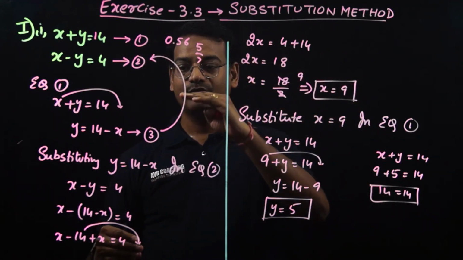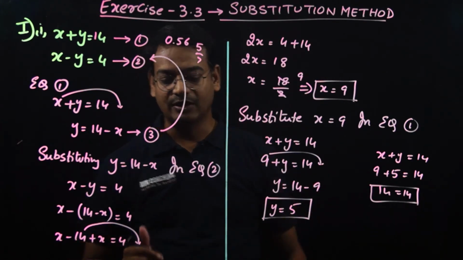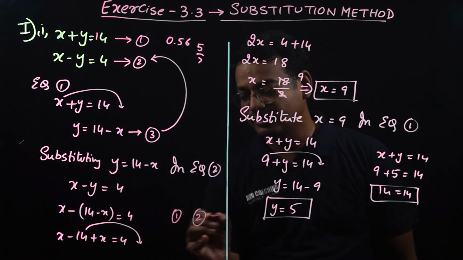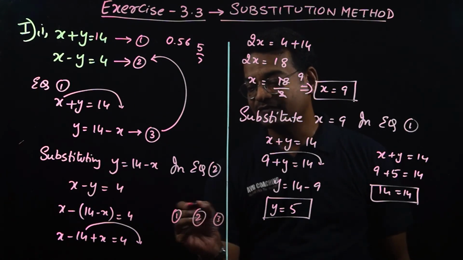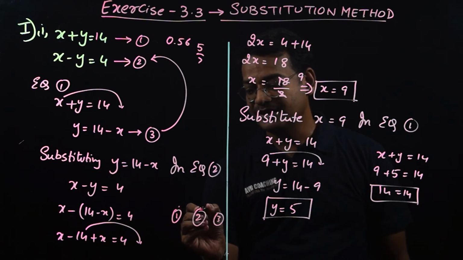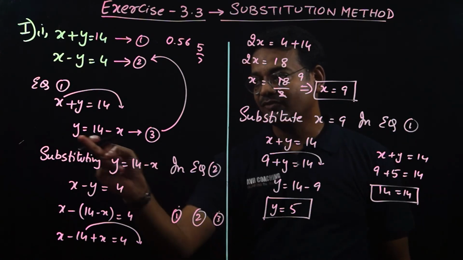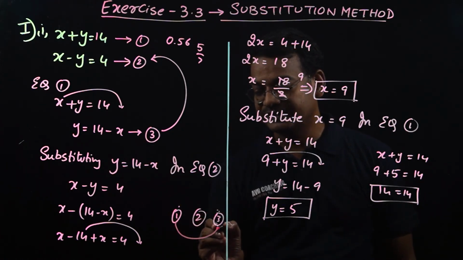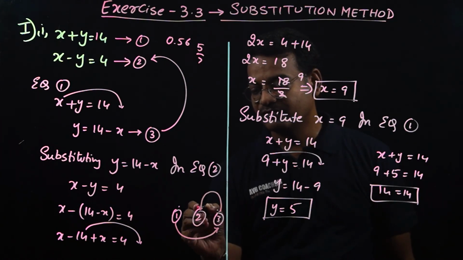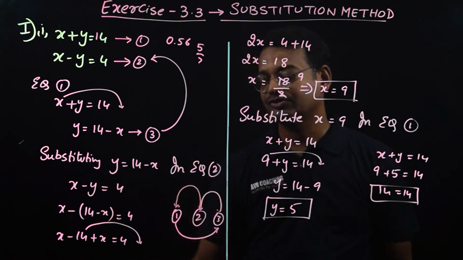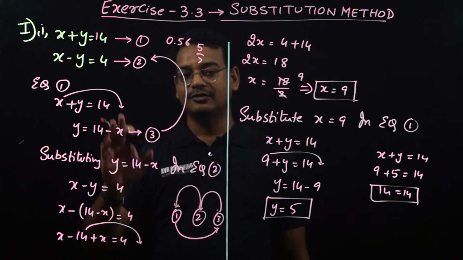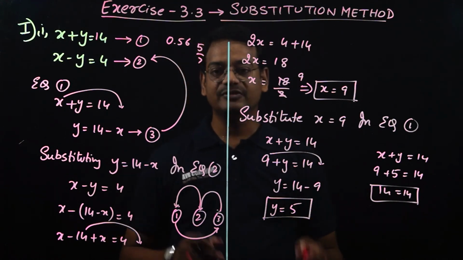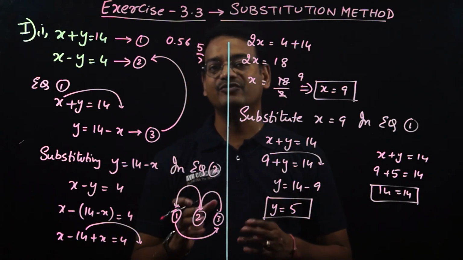So from 1 you get 3, from 3 you come to 2, and from 2 you go back to equation 1. This is the format. Once you do more and more problems, this method becomes very easy for you.